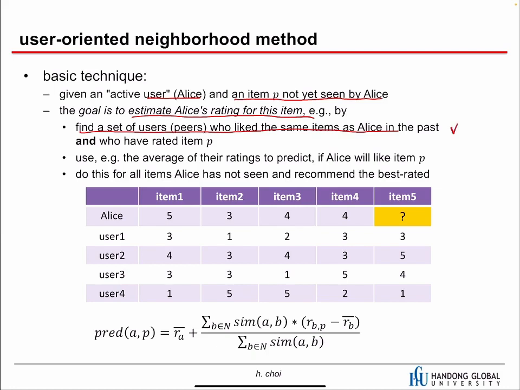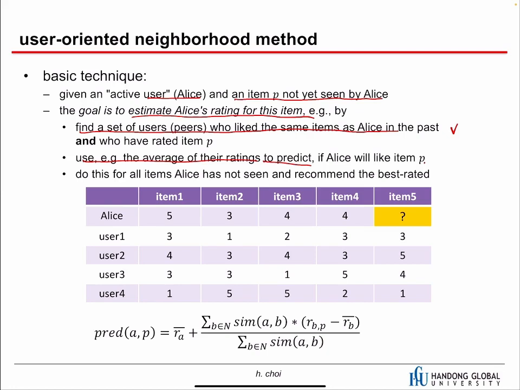Okay, and then use the average of their ratings to predict if Alice will like item P. And do this for all items Alice has not seen and recommend the best rated. Okay, so let's take a look at this table.